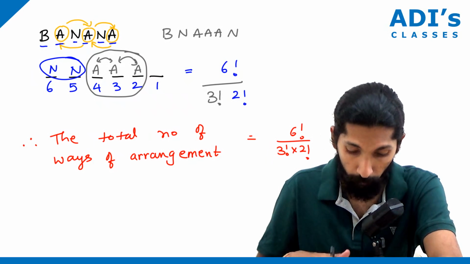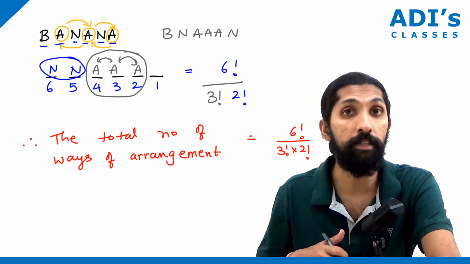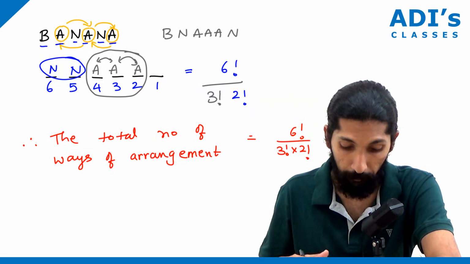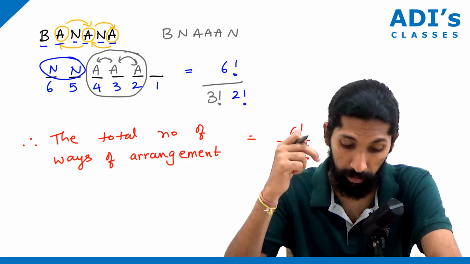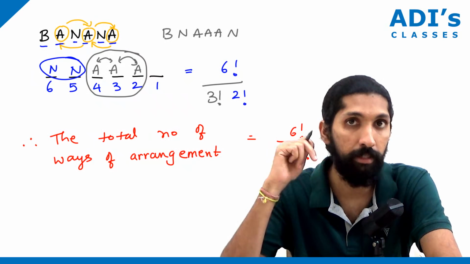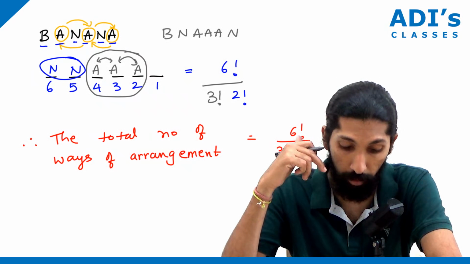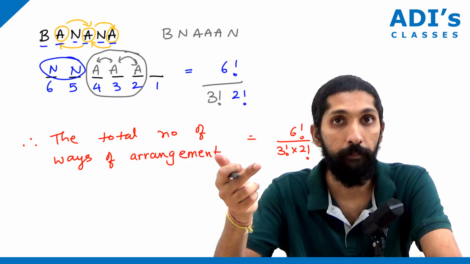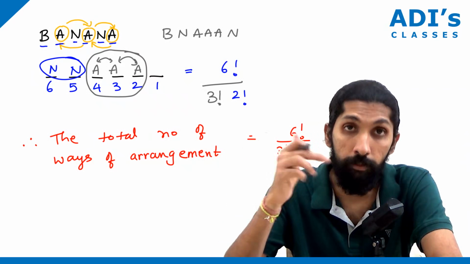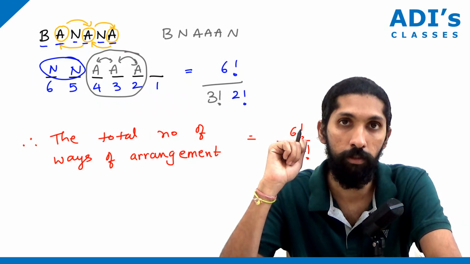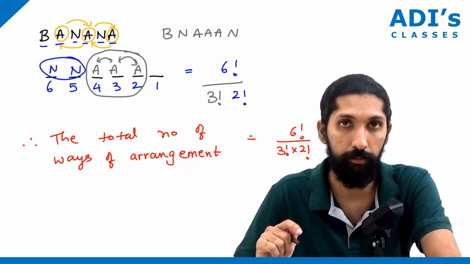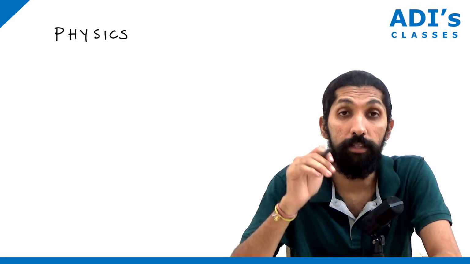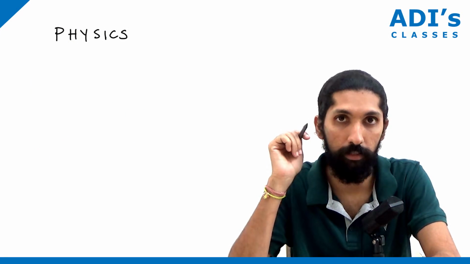Clear? Whenever you have words where multiple letters are repeated, here A is repeated and N is repeated, for each repeated letter you divide by that many factorial. Let's do one more example based on this. To solve this one, first, how many letters are there?